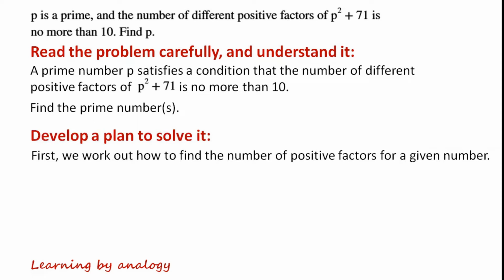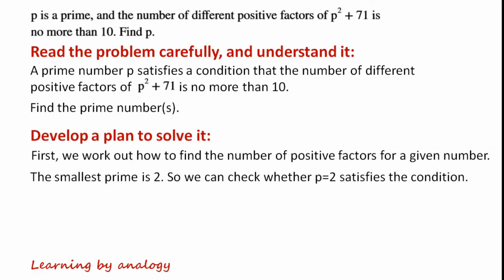First, we work out how to find the number of positive factors for a given number. The smallest prime is 2, so we can check whether P equals 2 satisfies the condition.